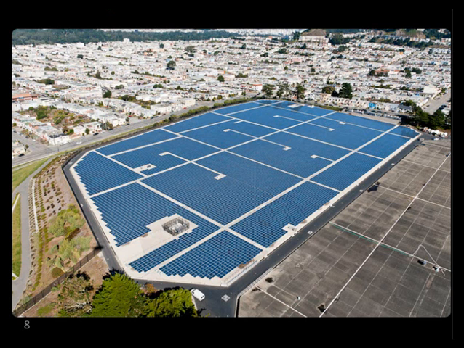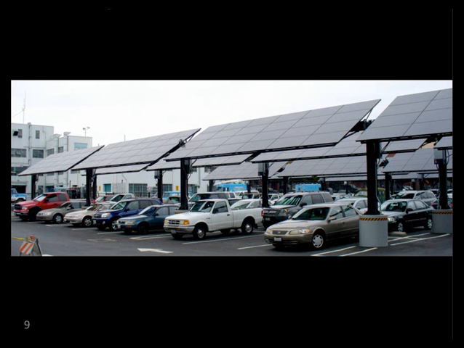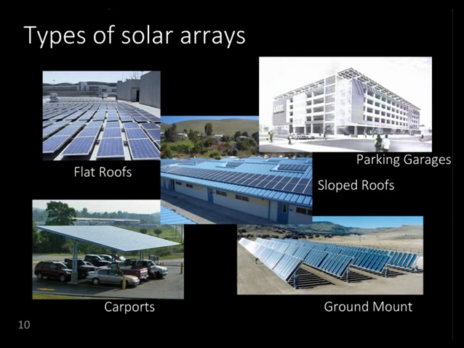Panels are much closer to the surface of the roof in this case. This is also a solar array, a ground-mounted tracking system where the panels are high overhead in a parking lot and they move over the course of the day. And there are a number of other types of solar arrays.